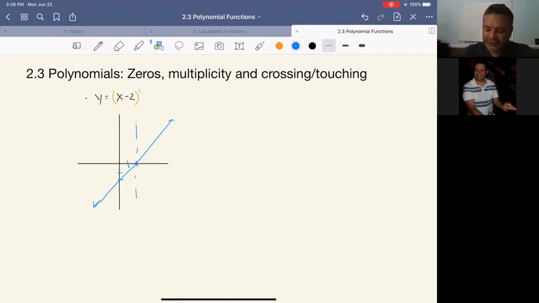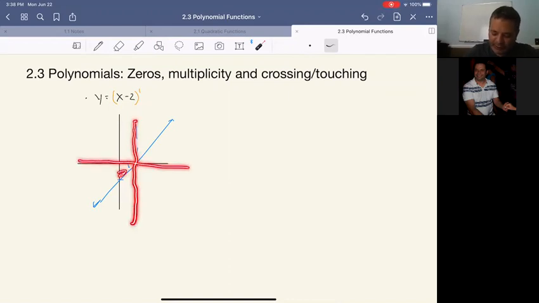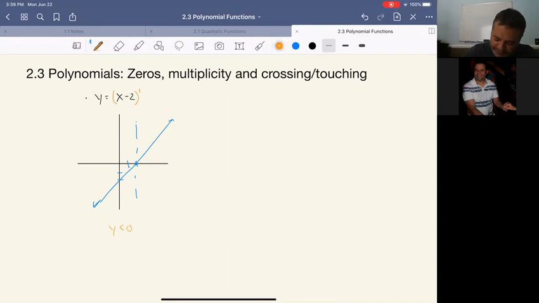Now, what I want us to notice is that before the value x equals 2, y is going to be negative. It's below the axis. And after the line x equals 2, the y value is positive. So that's what I want us to take away from this situation. So y is less than 0, and y is bigger than 0.